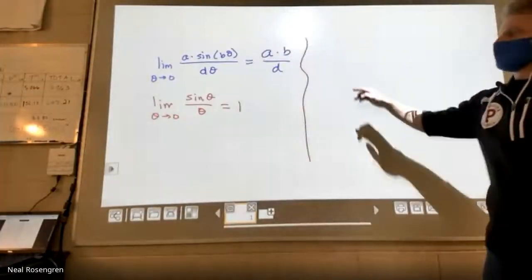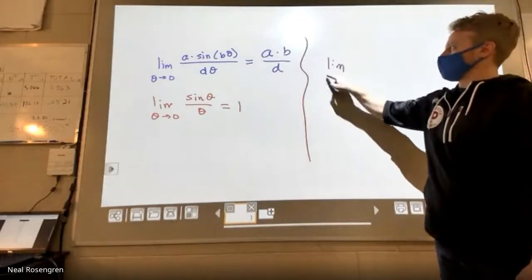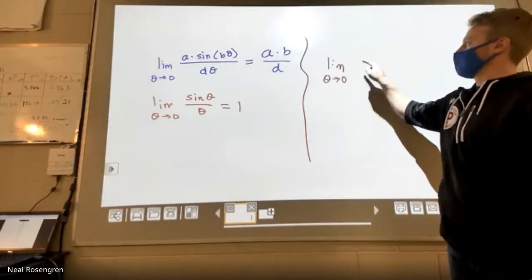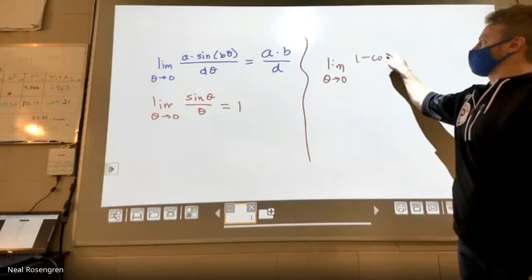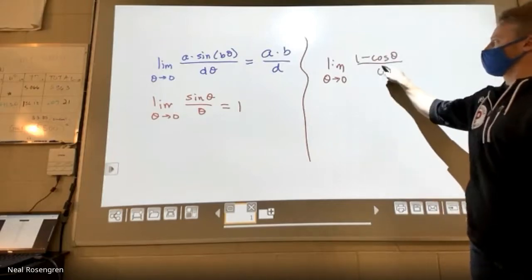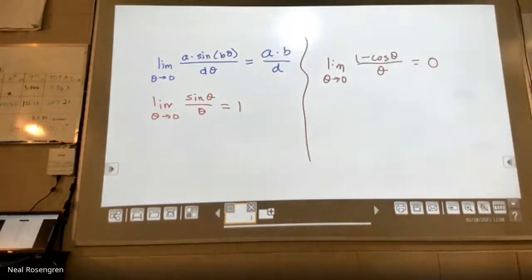And then we looked at this one yesterday. 1 minus cosine theta over theta. That one was 0. I know that proof, watching it from home, was probably a little brutal to follow along.